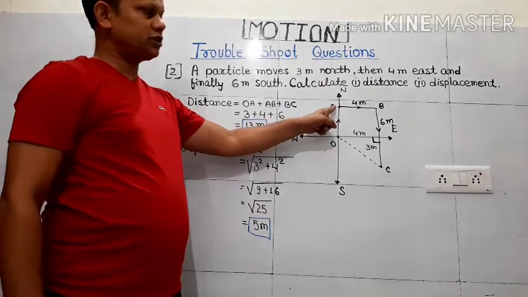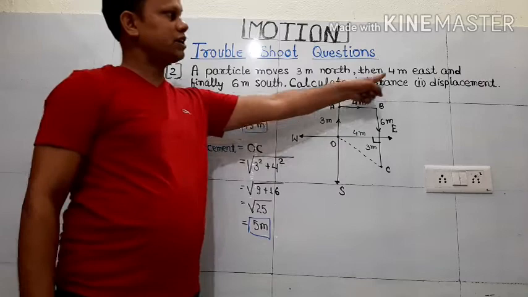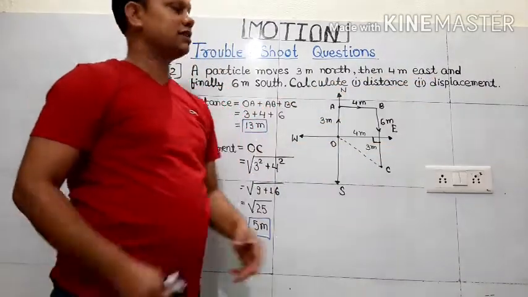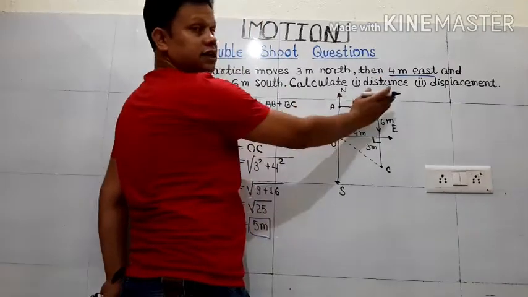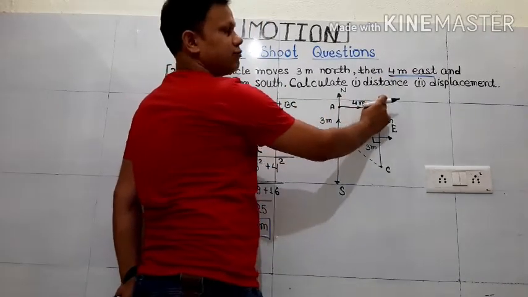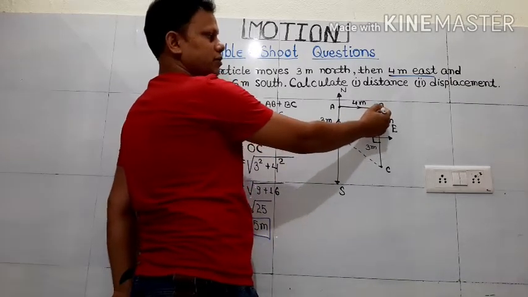Suppose it has reached A. Now from A it has to turn in which direction? 4 meter east. East is this side. So now it is traveling a distance of 4 meter towards east. Suppose after traveling 4 meter it has reached point B here.